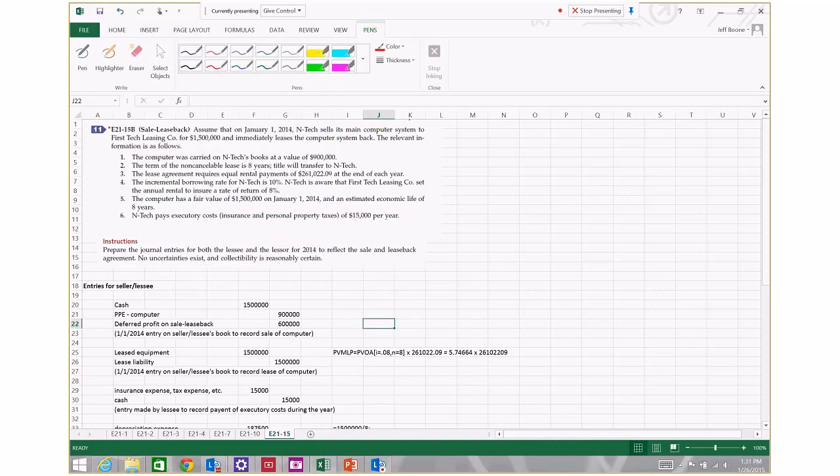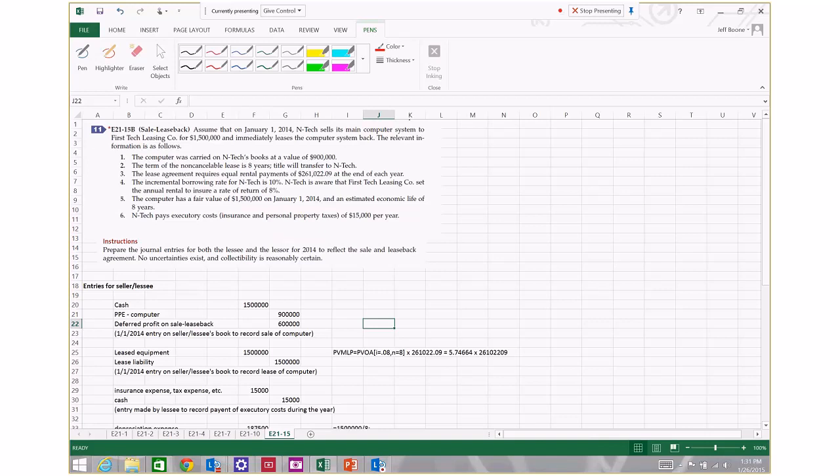Exercise 21-15B involves a sales leaseback. If you'll recall from class discussion and reading in the textbook, a sales leaseback is where an owner of a property sells that property to another party and immediately leases back the use of the property.